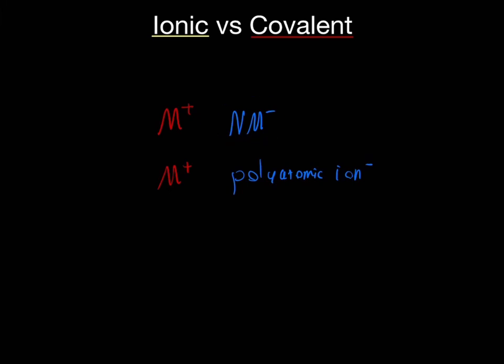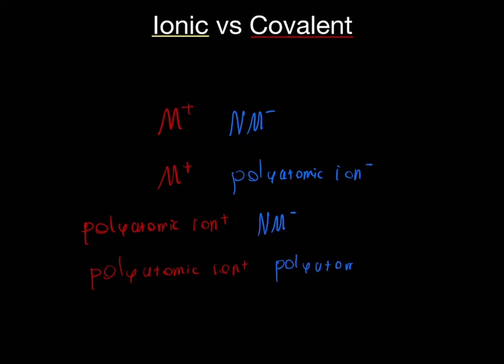Now, just to be clear, polyatomic ions are, for the most part, all made out of nonmetals, but they are negatively charged. There are also situations where the metal is replaced by a polyatomic ion, and the polyatomic ion is usually going to be made of completely nonmetals. The last type of situation that we would have is if you have a positively charged polyatomic ion that is going to bond to a negatively charged polyatomic anion.